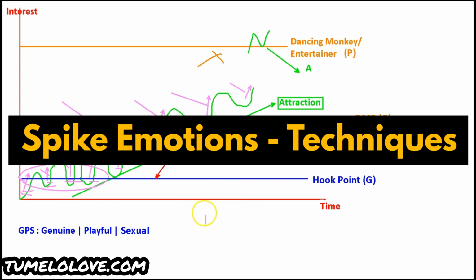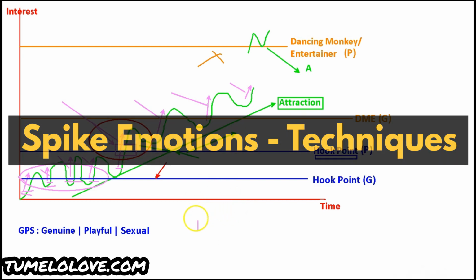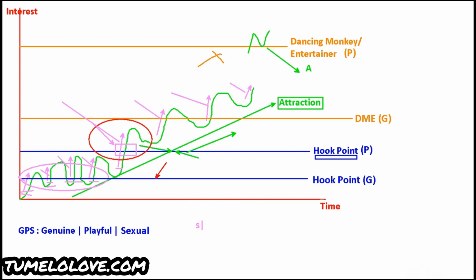There are quite a lot of techniques that we break down deeper, each technique in a surgical method, but I'm just going to give you a basic outline of the techniques that you can use to spike her emotions.